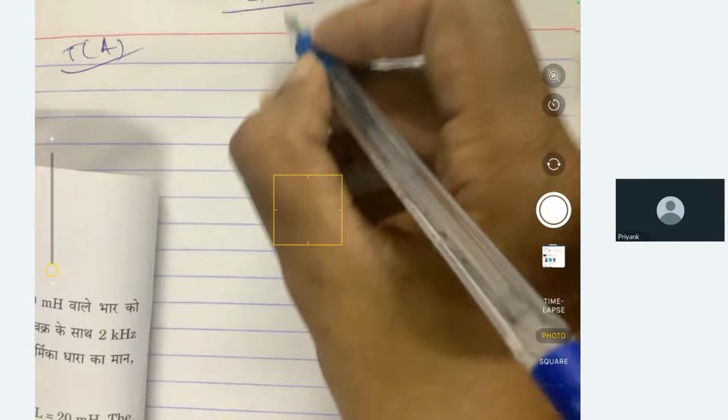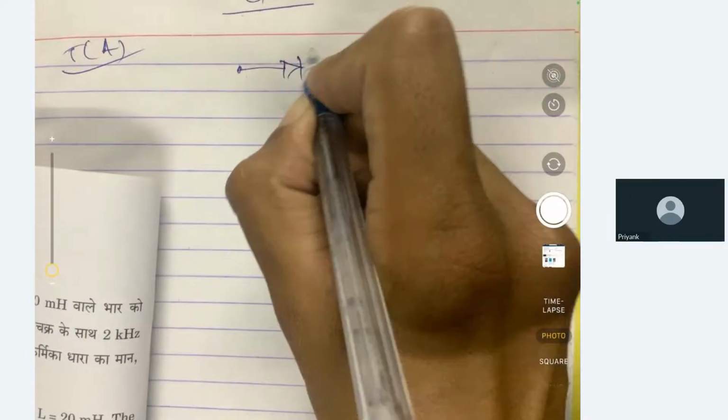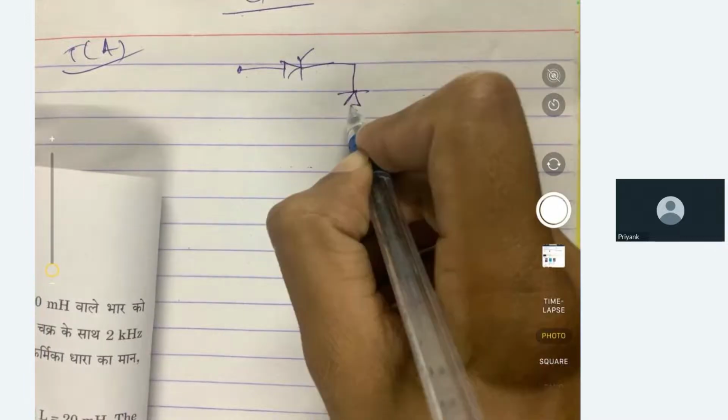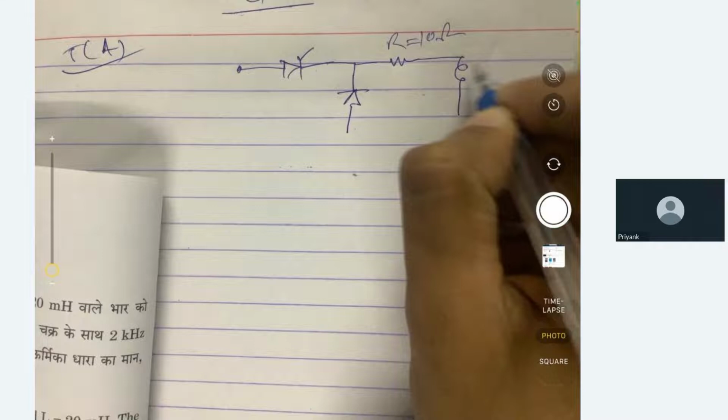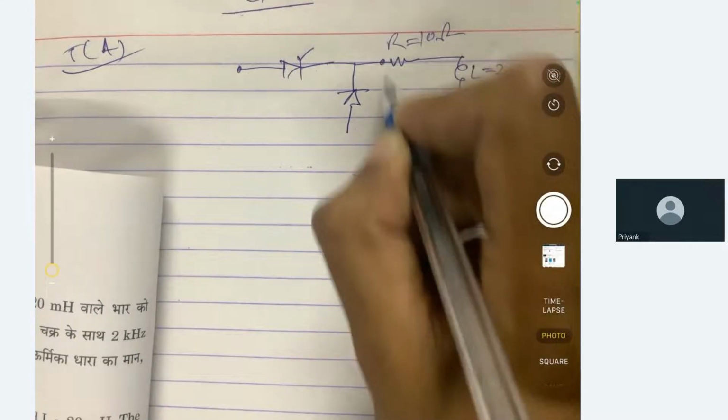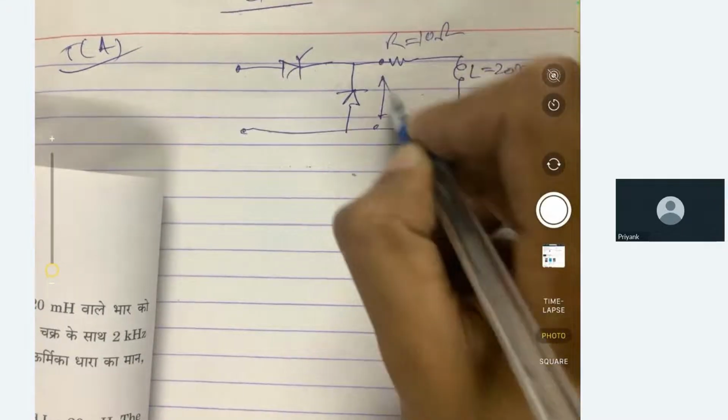So let us first make the step down DC chopper. The step down DC chopper is like this. Here R is 10 ohm and L is 20 millihenry, and all across this is the output voltage VO.